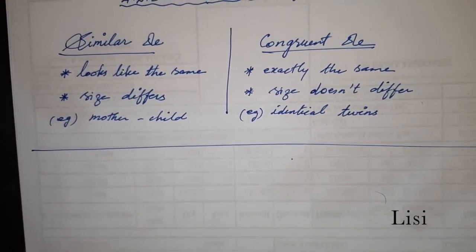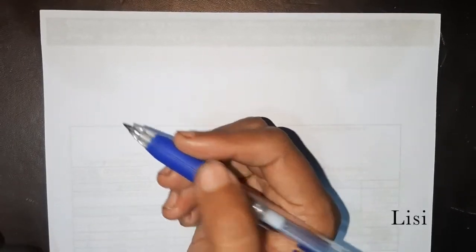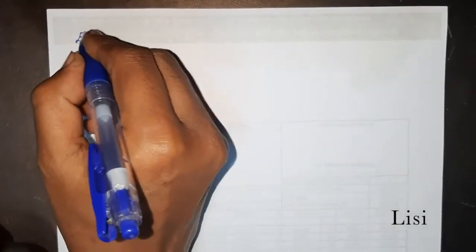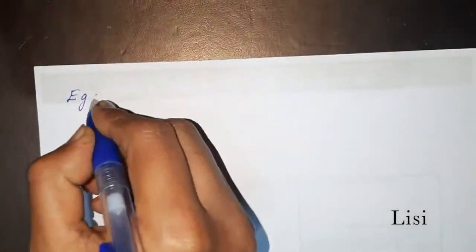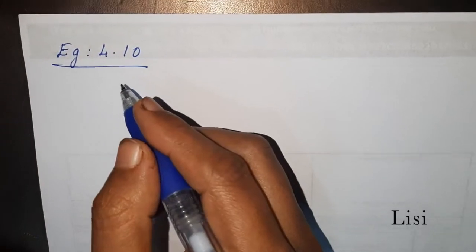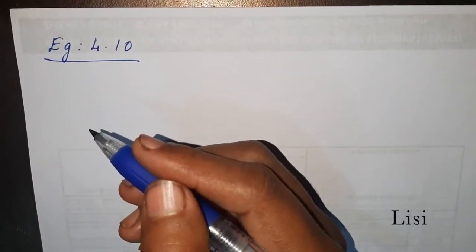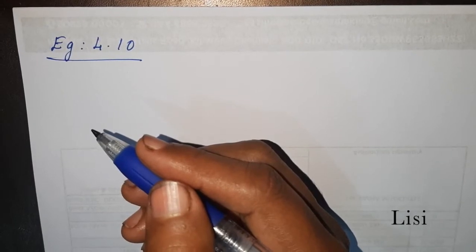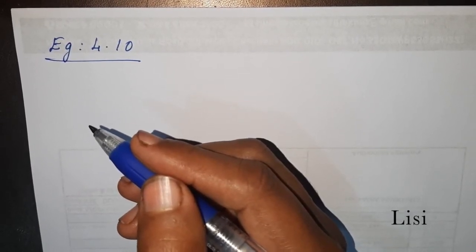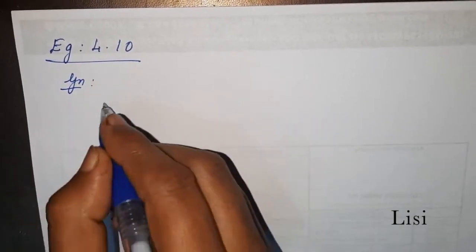Come to the topic. Take out your textbook, page number 169, example 4.10. Construct a triangle similar to a given triangle PQR. So what is given?